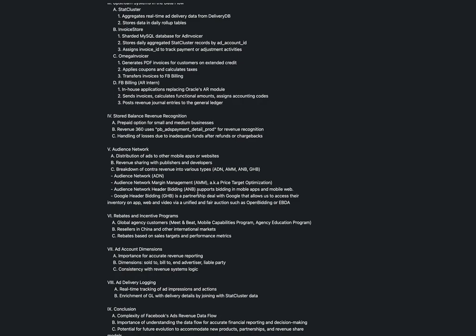The other thing is how we do delivery logging, and the idea here is we want real-time tracking of ad impressions and actions. This doesn't necessarily fall on us, but we do get this on the delivery DB. We want to enrich the GL with delivery details. So what usually goes to the Start cluster, which holds big data, is important for us to do, to give out this extra information because it's used for analysis, reporting, and even for getting trends.